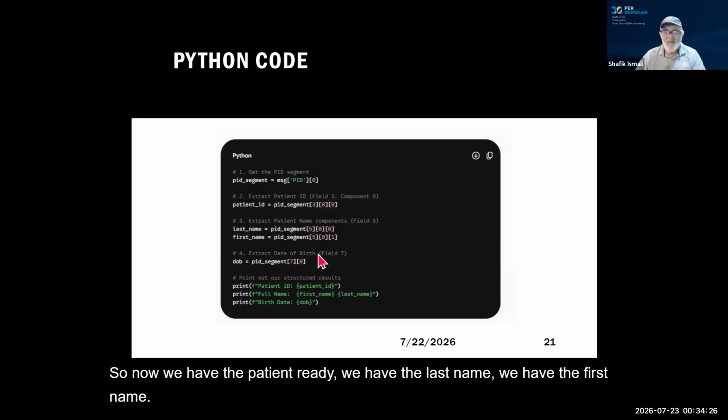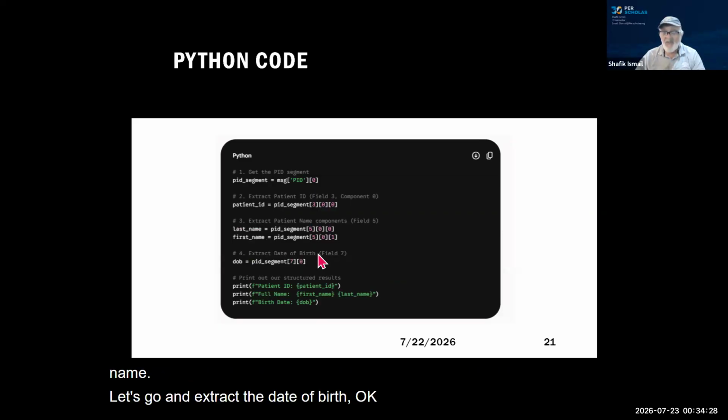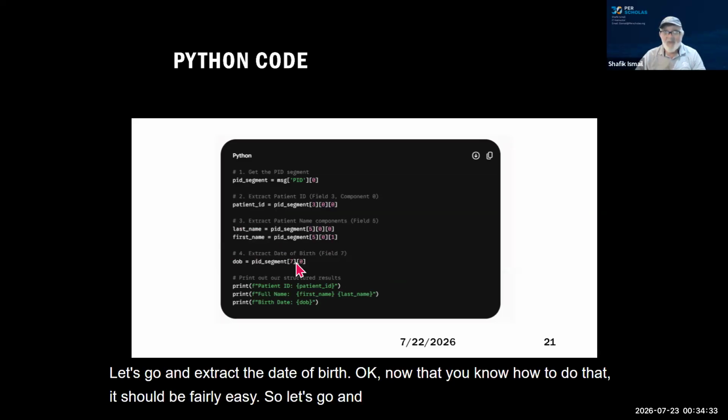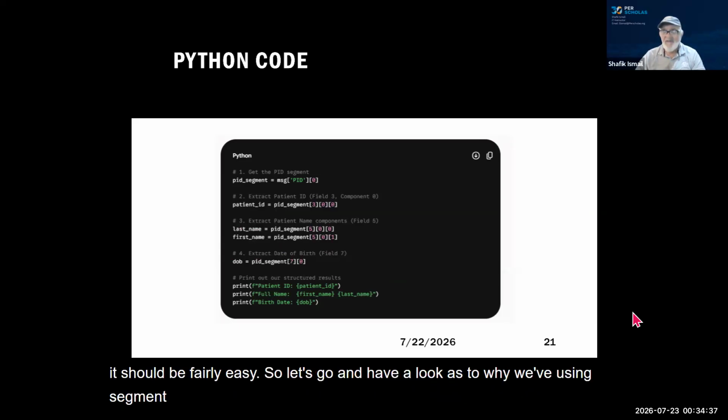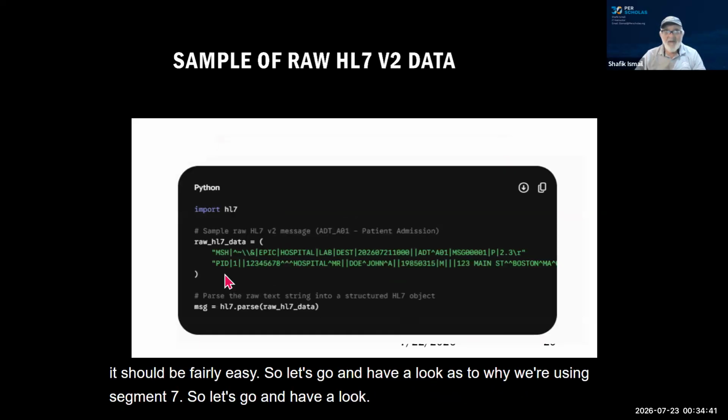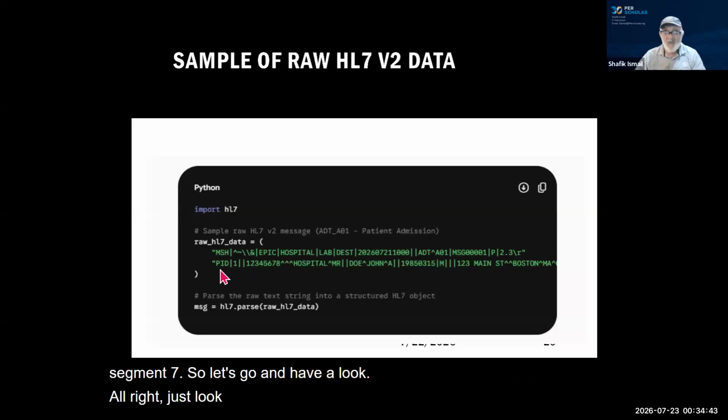Let's go and extract the date of birth. Now that you know how to do that, it should be fairly easy. So let's have a look as to why we're using segment 7. Just look at the PID. That's all we're concentrating on. This is 0. That's a 1.